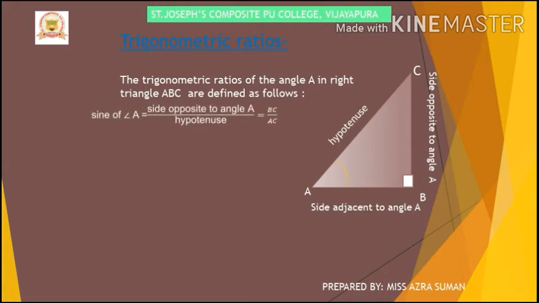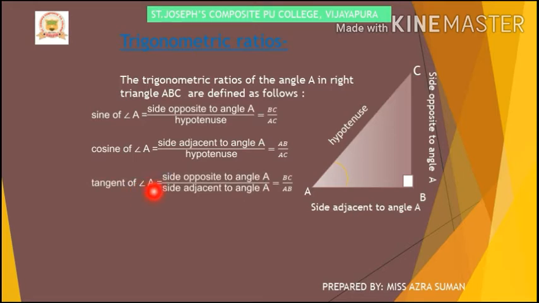Sine of angle A is equal to side opposite to angle A divided by hypotenuse, which is equal to BC divided by AC. Cosine of angle A, in short we tell it as cos of angle A, is equal to side adjacent to angle A divided by hypotenuse, which is equal to AB divided by AC.